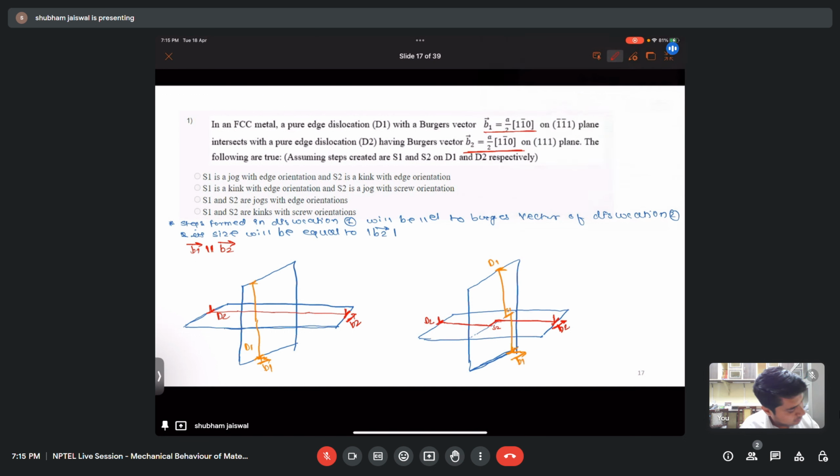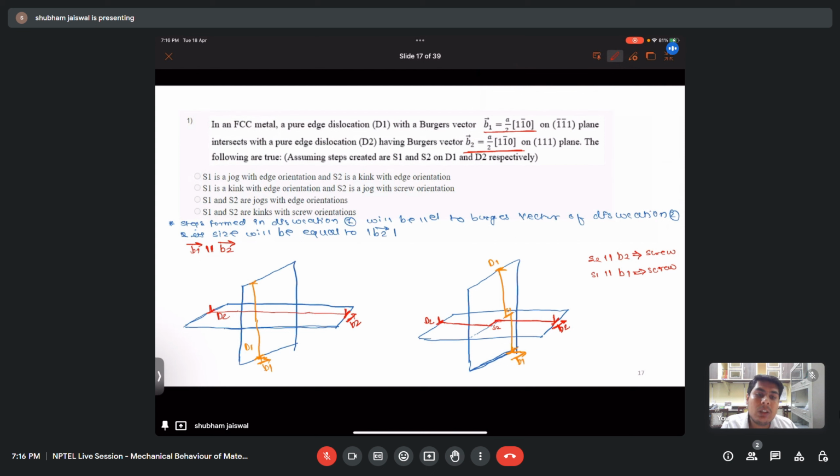So here you can see that S2 is parallel to B2, so it will have a screw character, and S1 is parallel to B1, so it will again have a screw character. So both the steps will have a screw character.